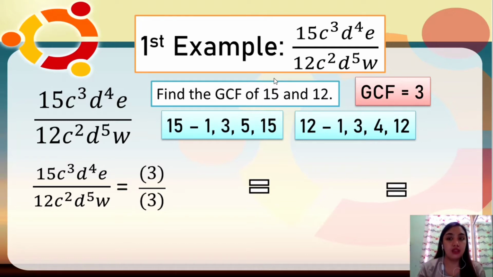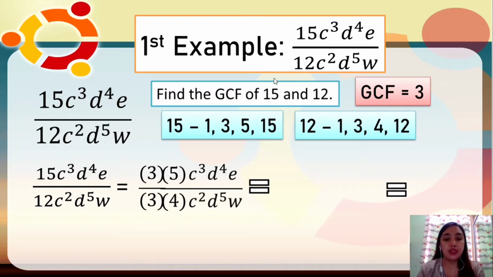So, let us divide. 15 divided by 3, you will get 5, of course. 12 divided by 3, you will get 4. So, 3 times 5, you will get 15, and 3 times 4, you will get 12. And then, copy the remaining variables. So, we have c to the third power d to the fourth power e over c squared d to the fifth power w.